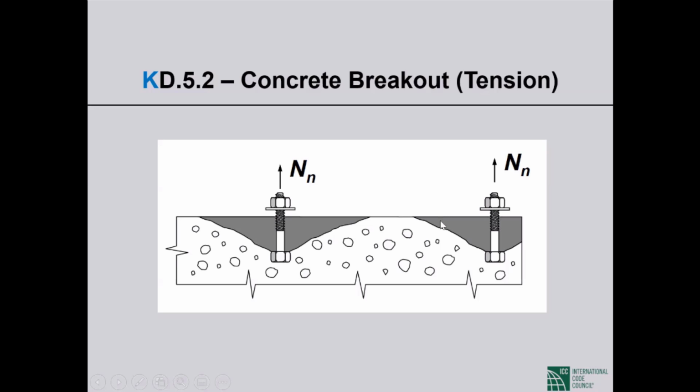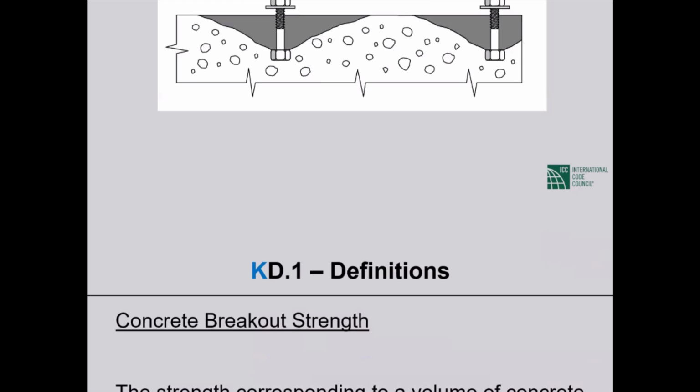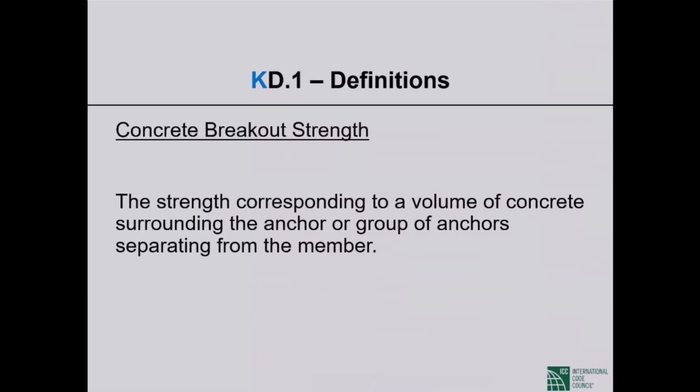And then we have a group of anchors rather than 2 single anchors. Okay, so if these 2 anchors were closer together, we would have a group of 2 anchors. The picture shows 2 isolated anchors subject to tension. Definition of breakout strength: the strength corresponding to a volume of concrete surrounding the anchor or group of anchors separating from the member.